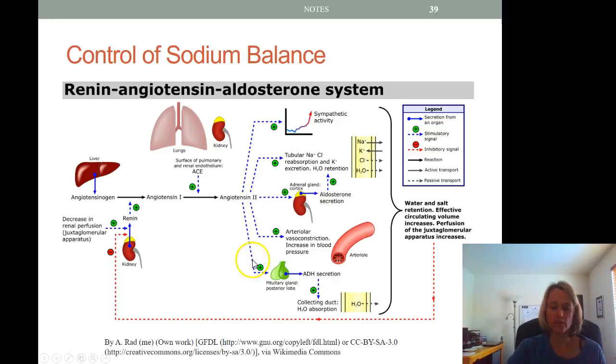Angiotensin 2 can also stimulate the pituitary gland to release ADH, so water then can follow that sodium and be reabsorbed. So together we have water and salt retention, and this is going to increase the effective circulating blood volume, and this is going to increase the perfusion of the kidneys, and thus will inhibit further renin release.